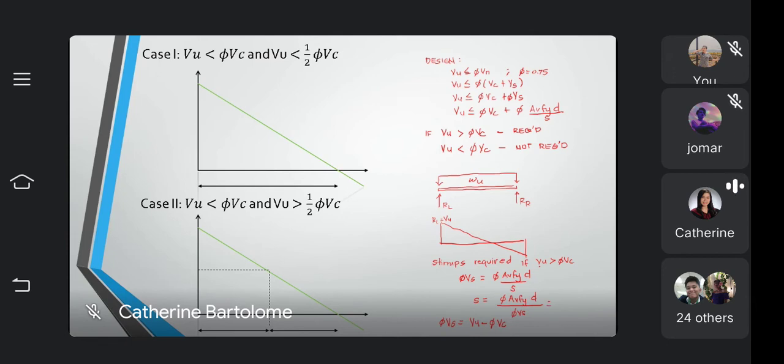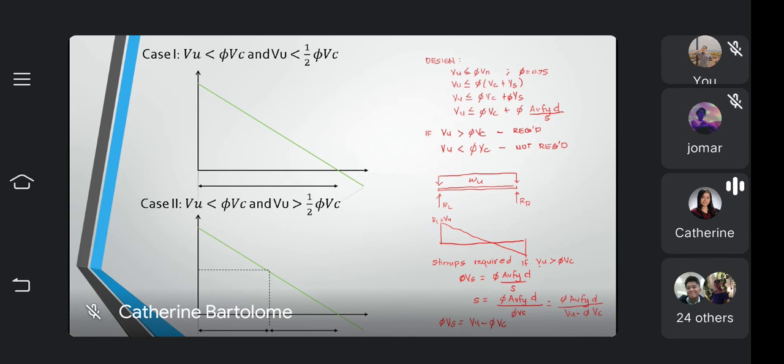So, if we do that, S equals AV FY D over VU minus VC. Ayan. Okay, so mas maganda kung hindi nyo i-cancel. I-substitute nyo na lang kung ano yung value ng VS.